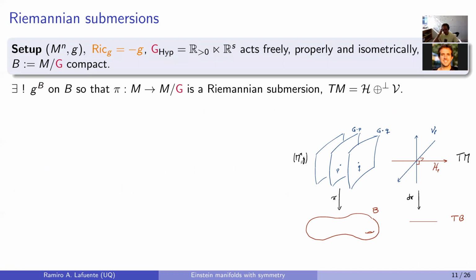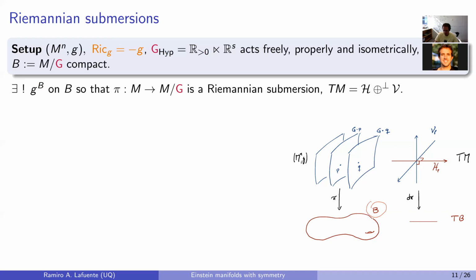The orbits of this group give a foliation of our manifold. And then it turns out that there exists a unique metric on the orbit space B such that this projection is a Riemannian submersion.